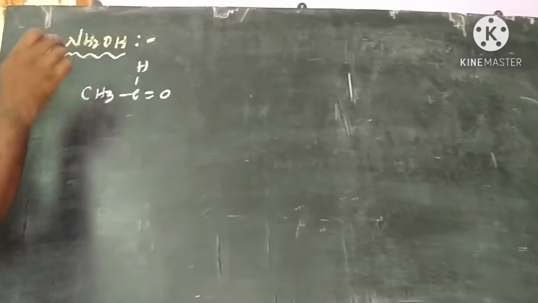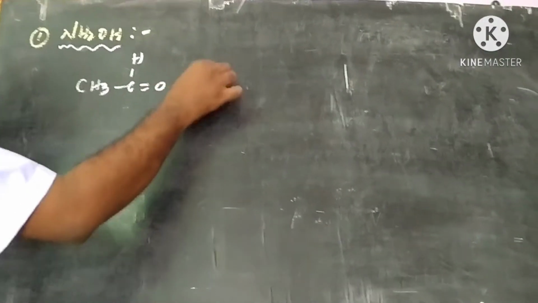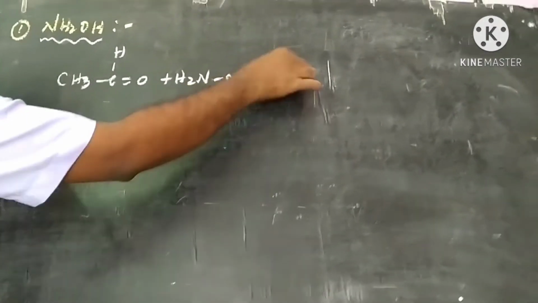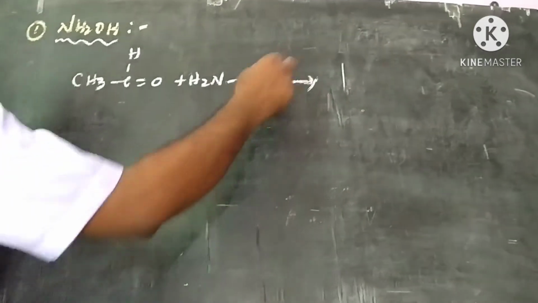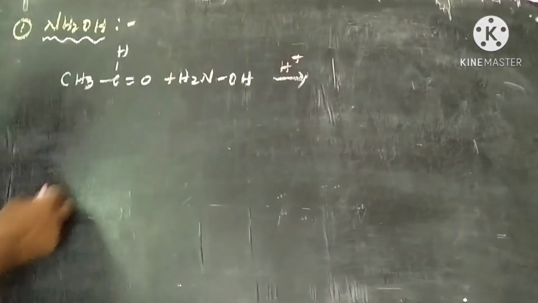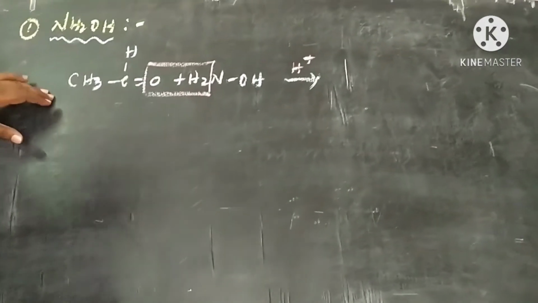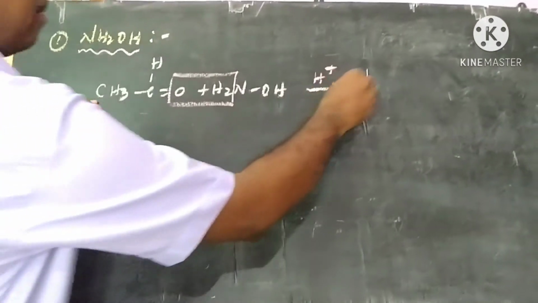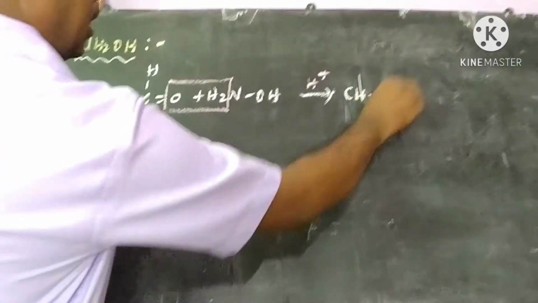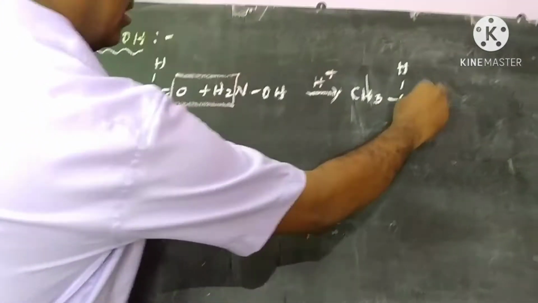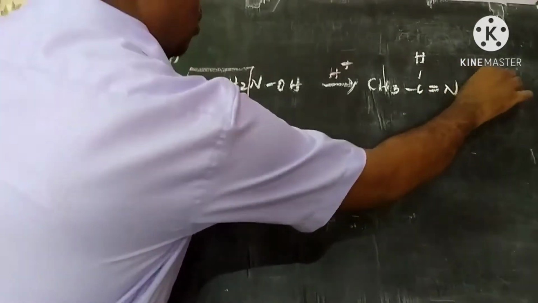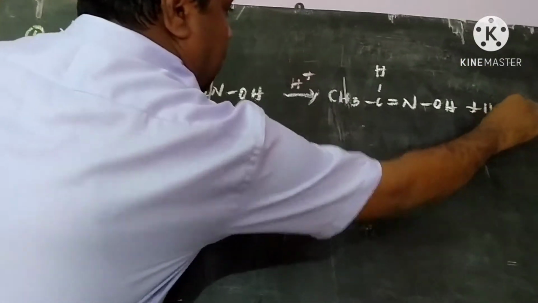So react with the hydroxylamine in presence of H plus. Okay? Remove this, and add it up and write the product. CH3CH double bond NOH plus H2O.